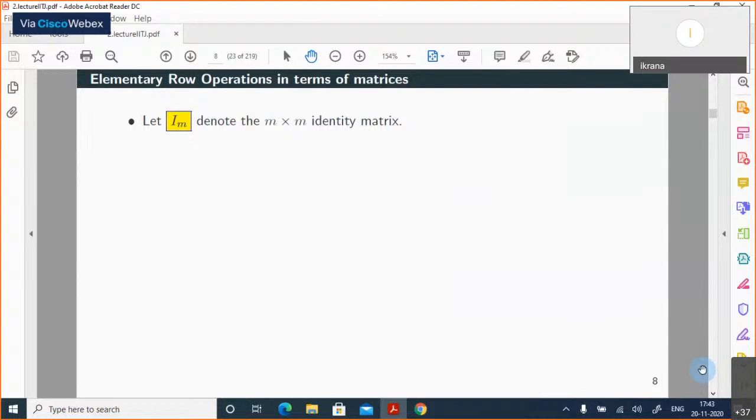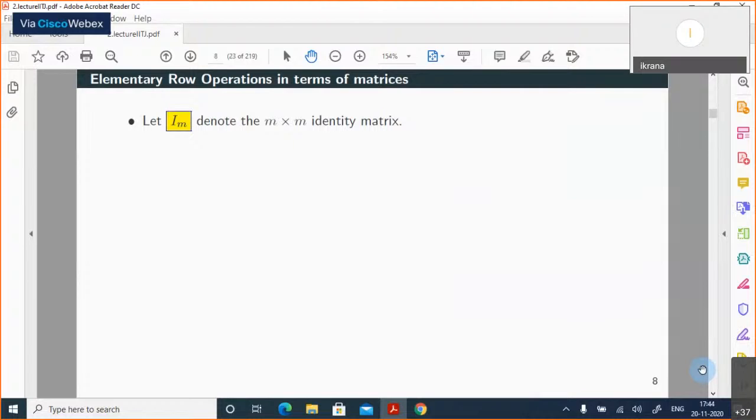What we want to do is operate on the matrix, the row operations, via matrix multiplication. So we want to generate a kind of algorithm: if I take a matrix and multiply it with some matrix, then it will do whichever row operation I want.